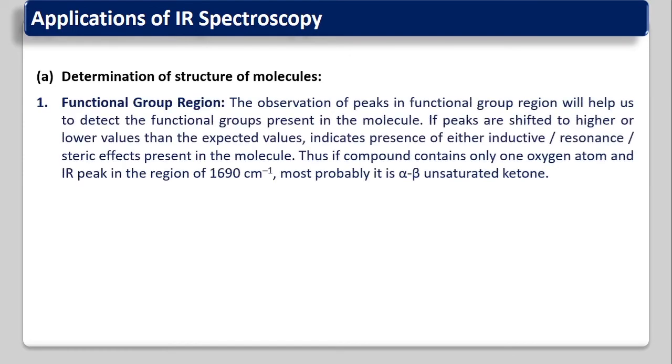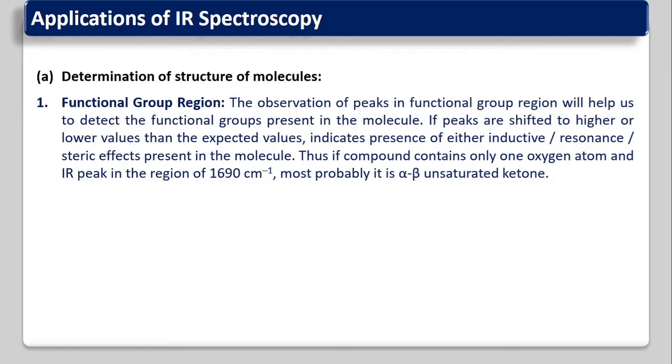So the application of IR spectroscopy is also the determination of the structure of the molecule. By using IR spectroscopy, we can find out which functional groups are present in the molecule. IR spectroscopy is classified into three regions and each region gives particular information about the molecular structure.